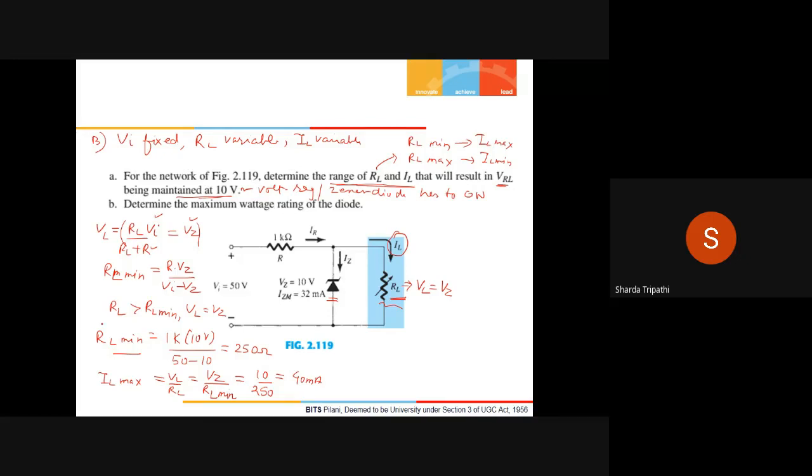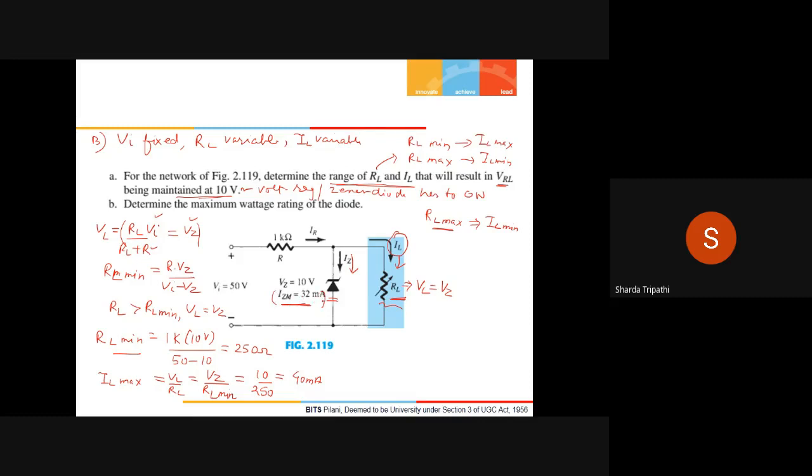So these are my lower values. How about the upper values? Now I have to find out RL max. So RL agar max hoga, this means that IL will be IL min. This current will be IL min. So if minimum current is going in this branch, that means maximum current is going in this branch. And the value of this maximum current is given. This is usually the characteristic of the diode itself.